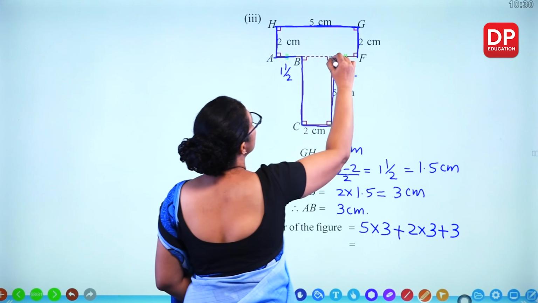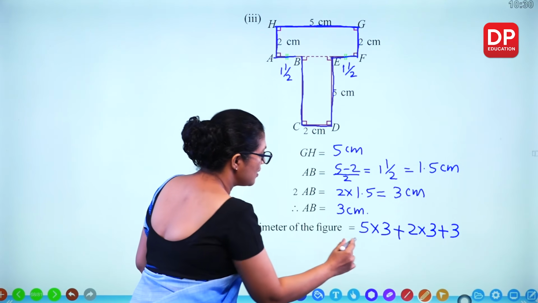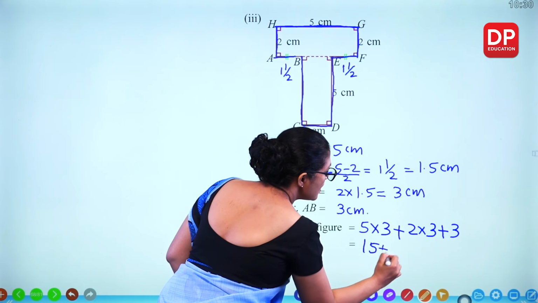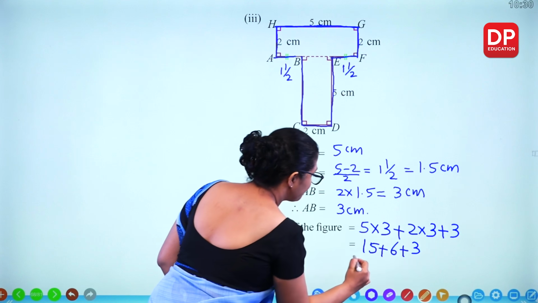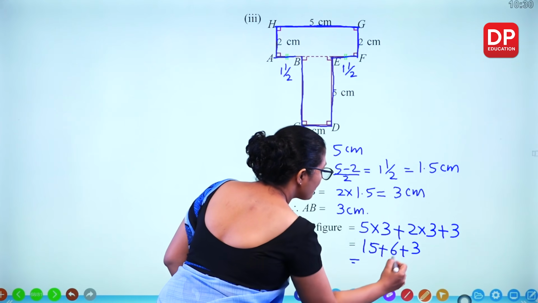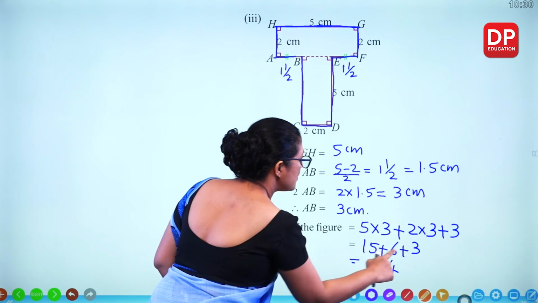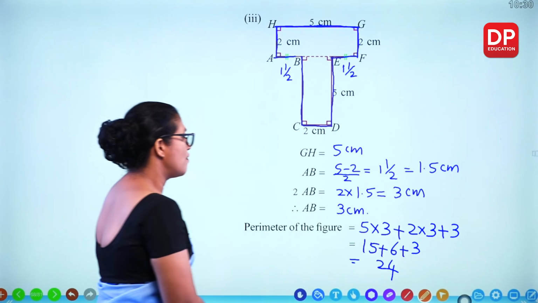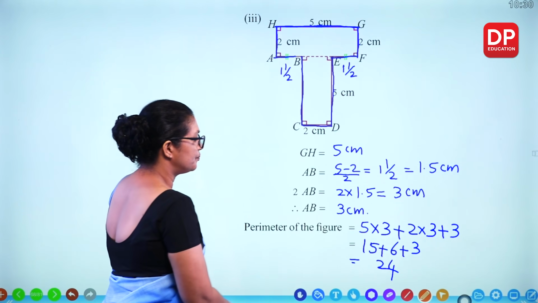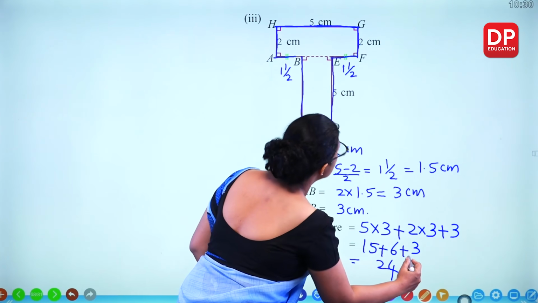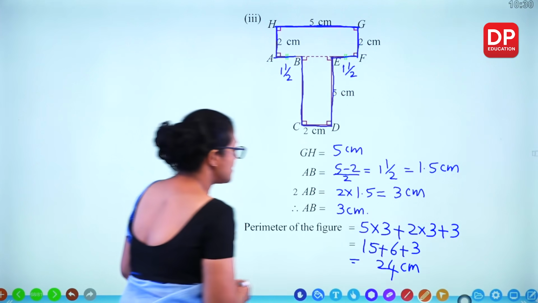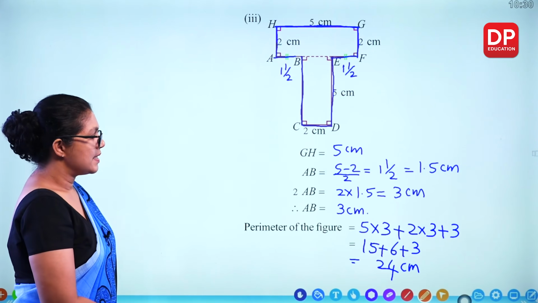Then that's all. So you can add and get 24. This is in centimeters. So perimeter is 24 centimeters.